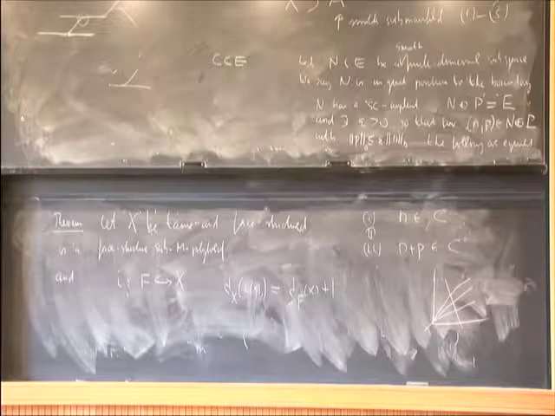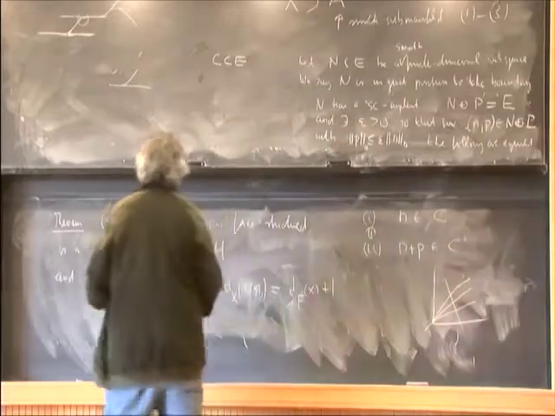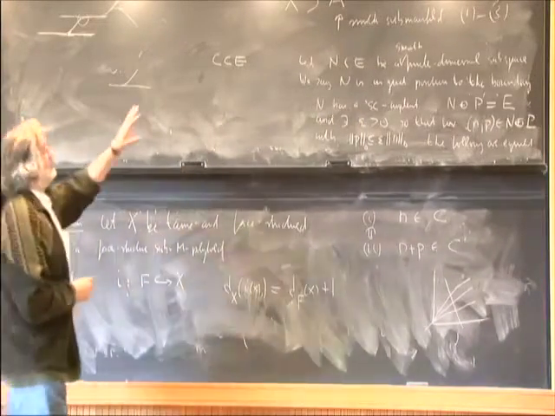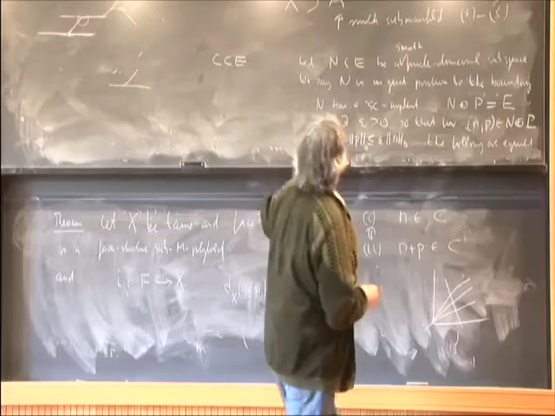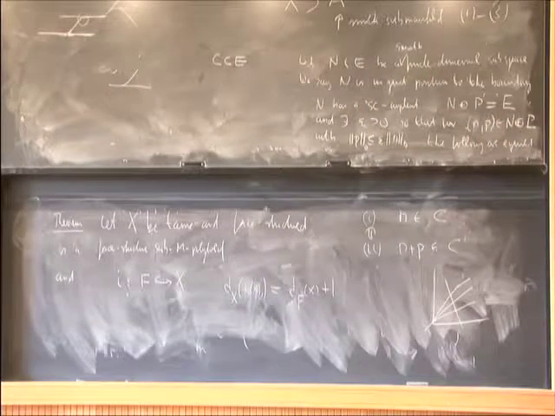So now, here is the result. I want to say that A actually is a nice manifold near the boundary.